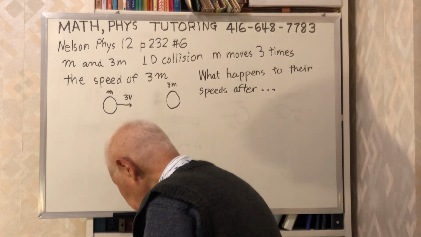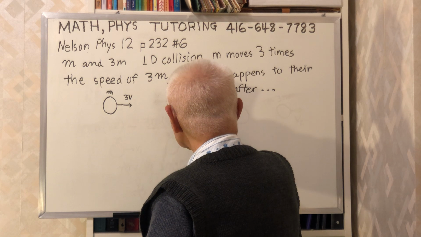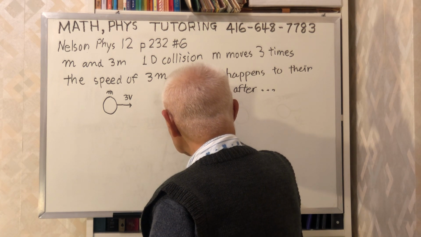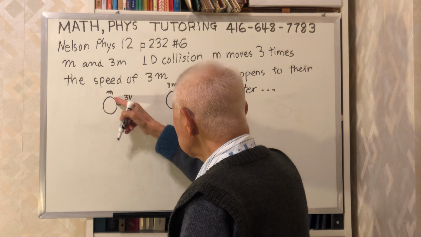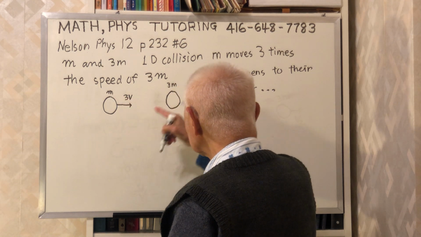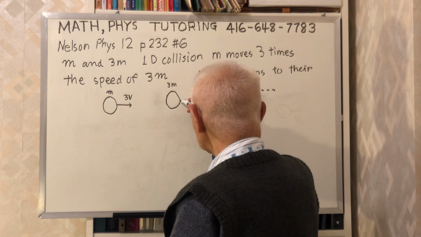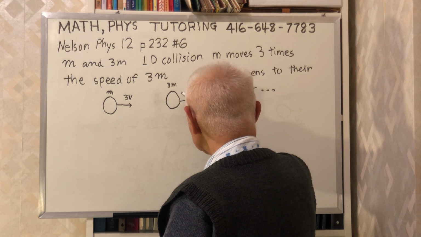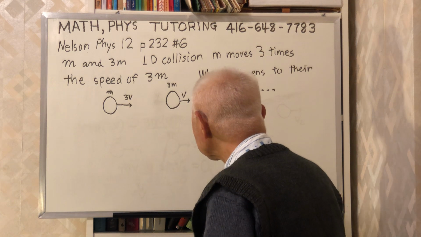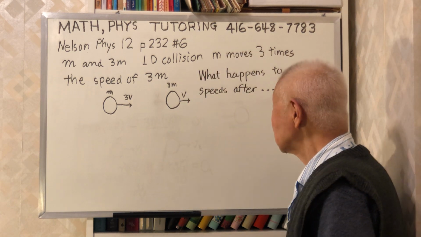The question only says the speed of v is 3 times the speed of 3m. So in the second situation I consider v is this way. Okay, same thing.